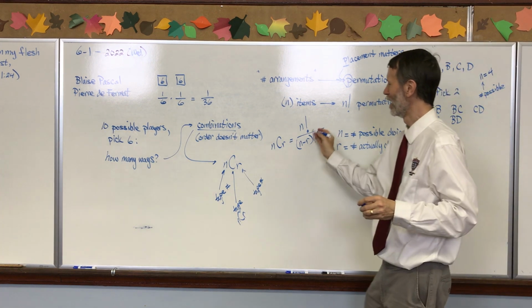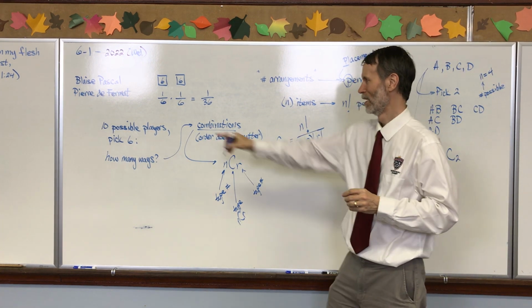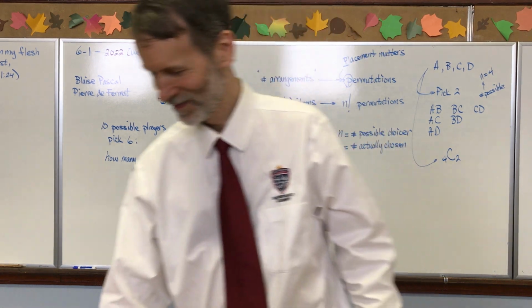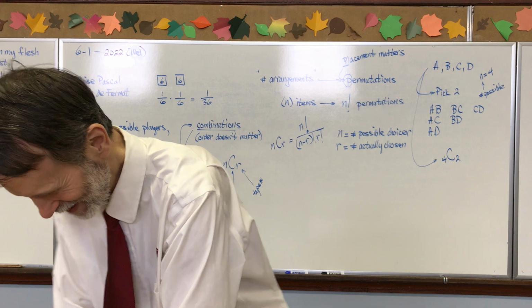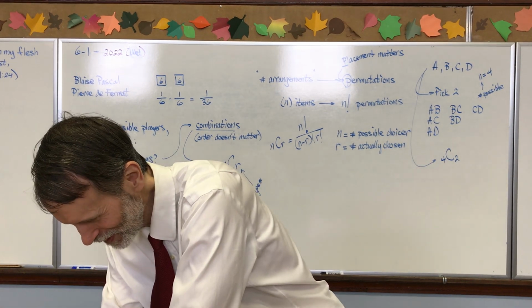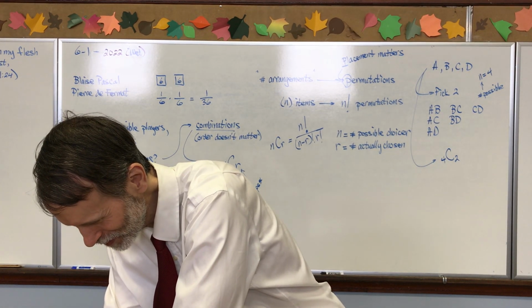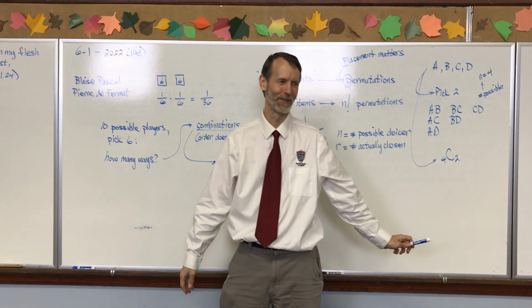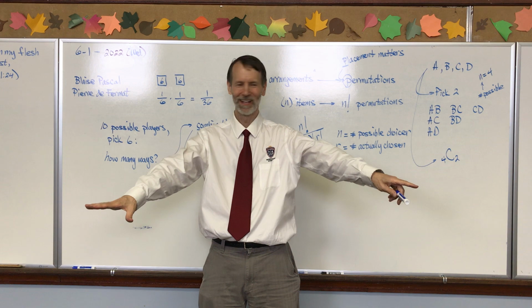But let's try another one. You have 10 possible players, pick 6. Tell me the answer. You got it? Okay, 10, hold on, I gotta catch up. 6. Have we got it? What does your calculator say?